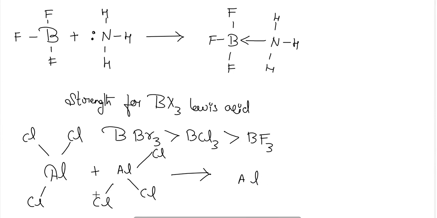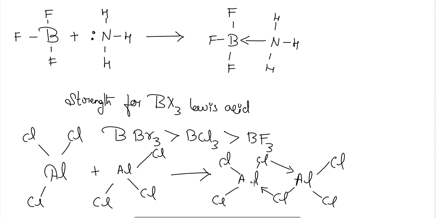Here the dative bond will be formed between the chlorine and the aluminium of the two aluminium chlorides, and they will form a dimer like this. After the formation of this dimer, it will be more stable in comparison to that of boron.